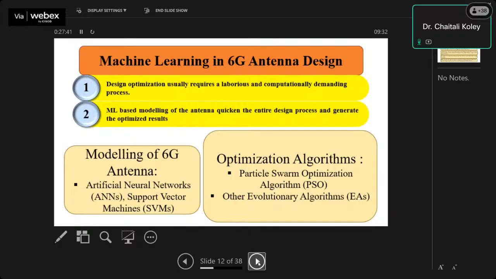Sometimes it is required to separate data sets for validation as well as testing, because you have to categorize two kinds of data sets: one data set for the training purpose, and another separate data set for validation or testing purposes.